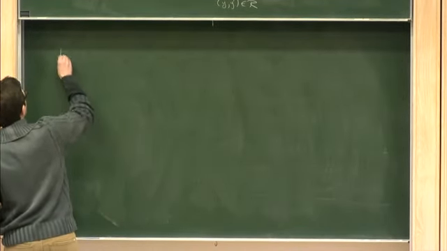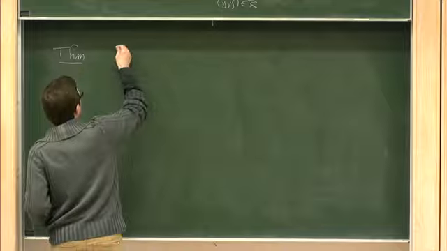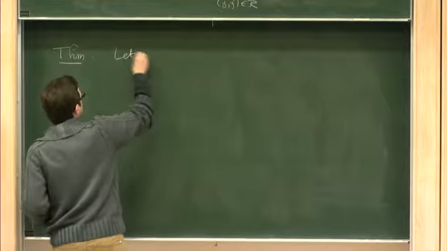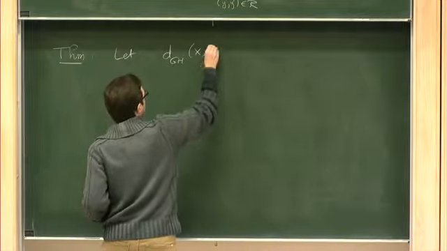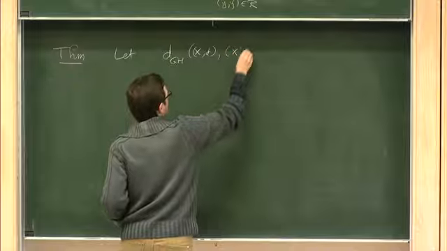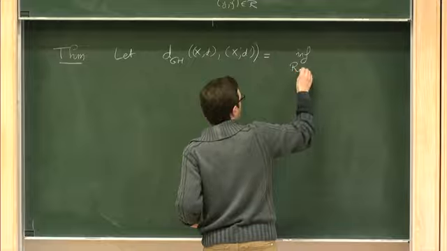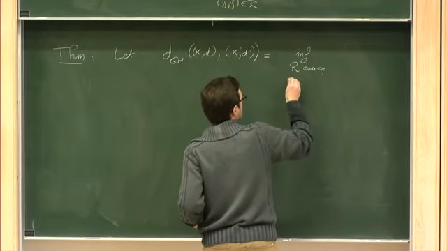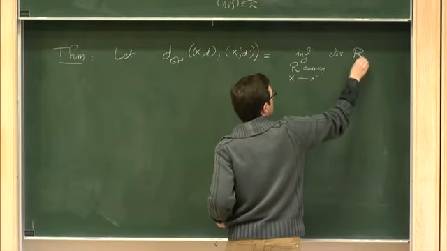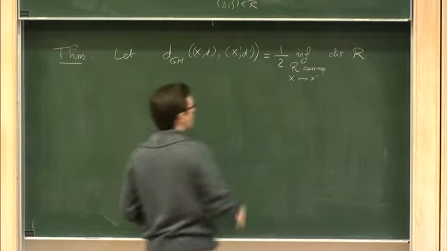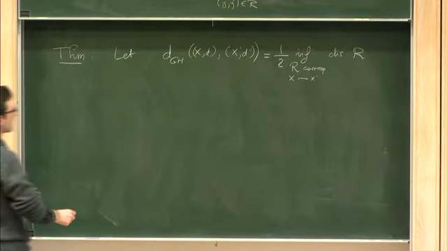Definition, theorem: let d_GH of (X, d) and (X', d') be the infimum over all correspondences between X and X' of the distortion of R. Usually there is a convention that you divide by 2, for reasons that I don't have time to explain now.